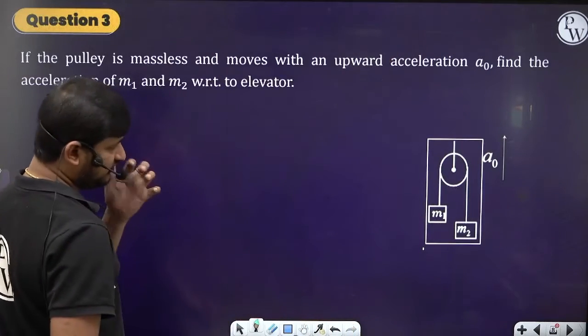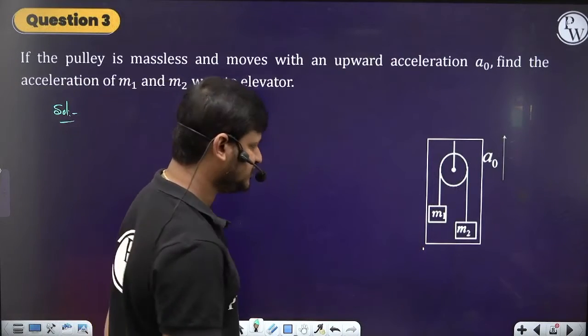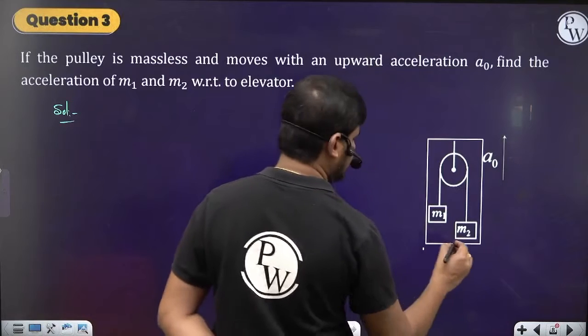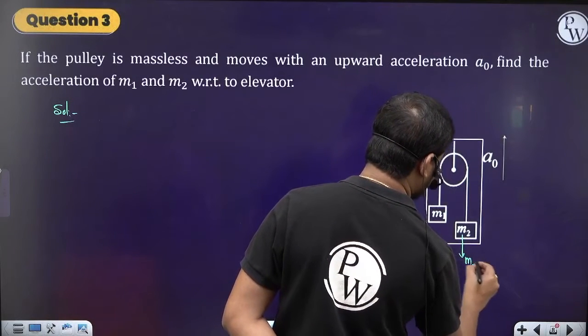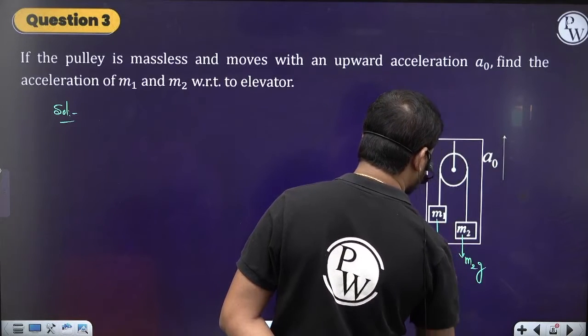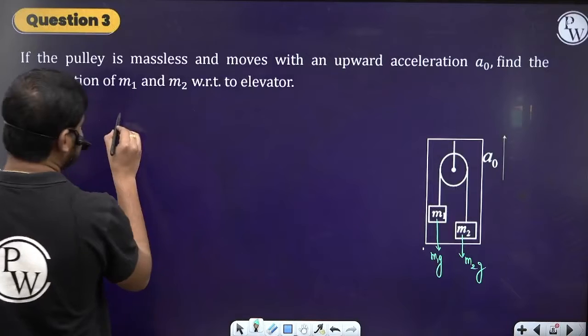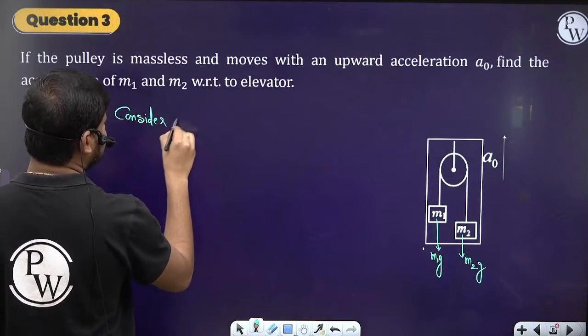See here, this is a simple pulley, a simple Atwood machine. We know that here m2g acts downward, and m1g acts downward. Consider m2 is greater than m1.